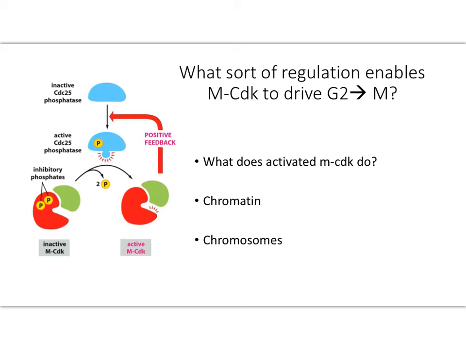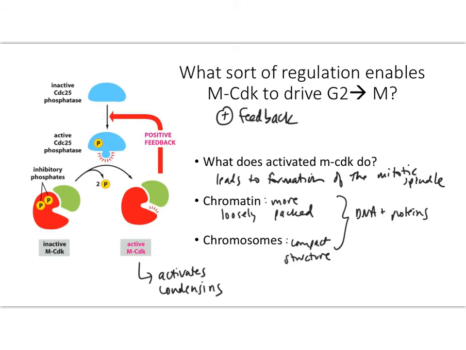And we're seeing another part of the story here, which is that once we get some active M-Cdks, they will feed back and activate more CDC25 phosphatases, which provides a positive feedback loop, because the more CDC25 phosphatases we have, the more of the inactive M-Cdks can be converted into active M-Cdks.